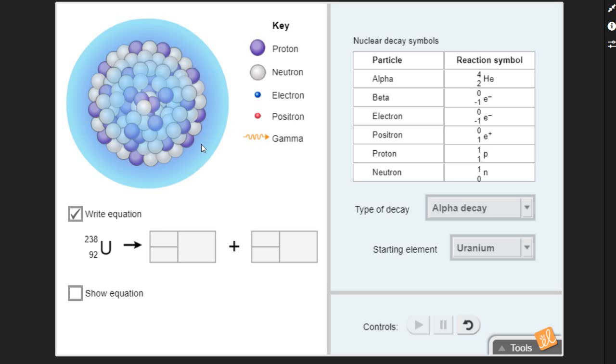Y'all, 92 protons and 146 neutrons. Is he stable? No. He has way, way, way too many neutrons compared to protons. That's why he's the first one on the table that's the synthetic radioactive at 92. He's radioactive.